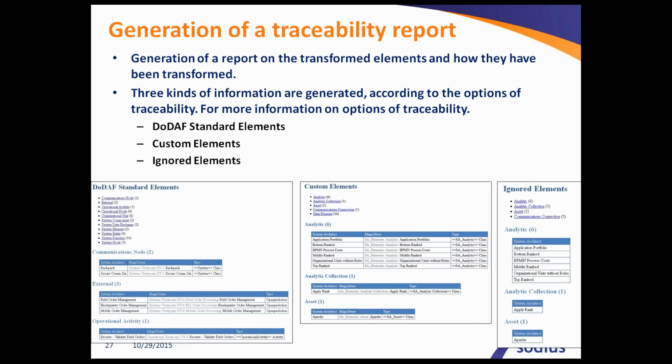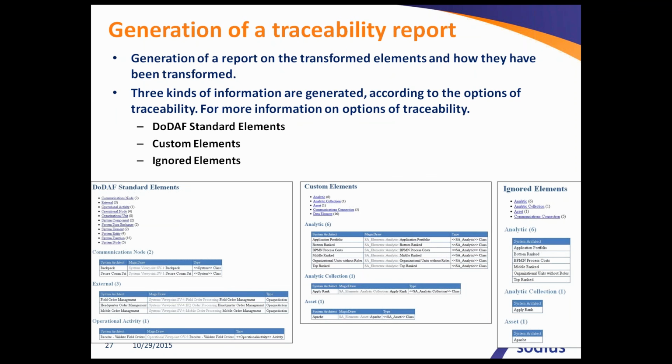Also, we have a generation of traceability reports. So it is possible to have a report on the transformed elements on how they have been transformed. So there are three kinds of information that we generate according to the option of the traceability. So we have the DODAF standard elements, for example, operational nodes, system components, system elements.